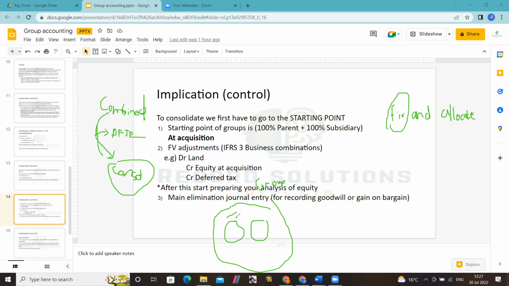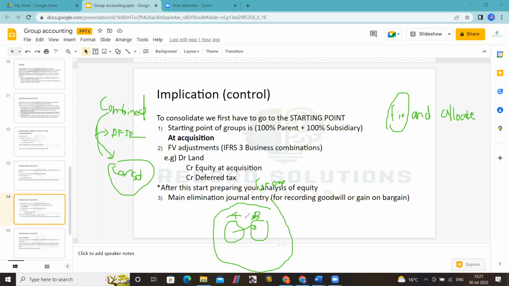Let's say you have this A, like we said, is the parent, and we have B. If A sells to B, A is going to record journal entries because it's selling to B, an entity outside it. And then entity B is going to record this transaction in their separate books.